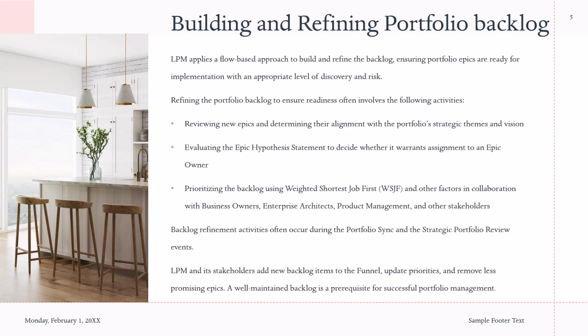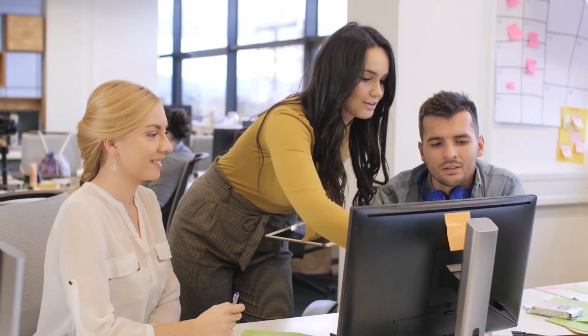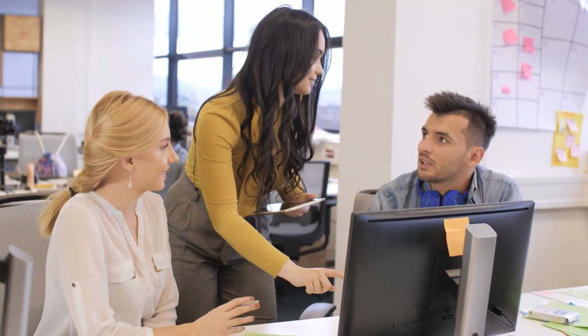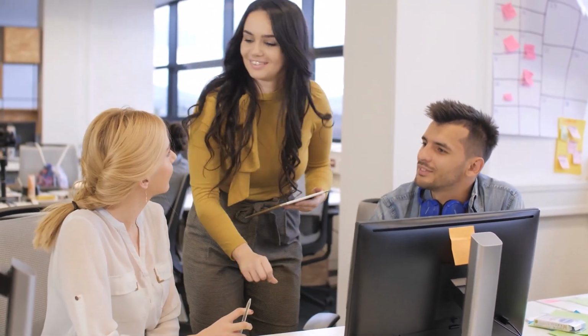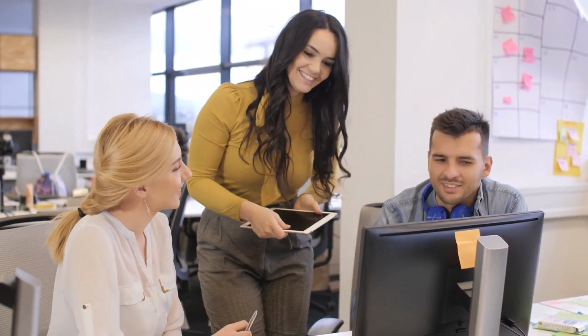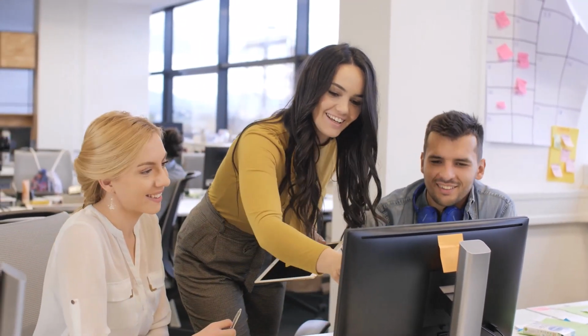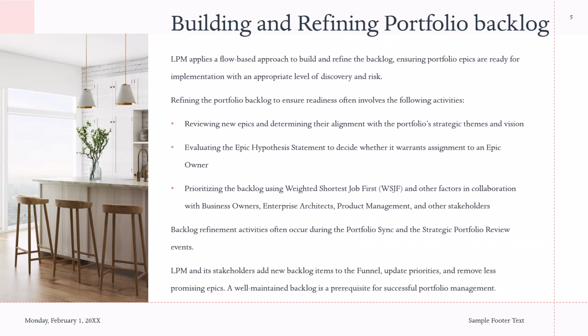So LPM and stakeholders add new backlog items to the funnel, update priorities, and remove less promising epics. A well-maintained backlog is a prerequisite of successful portfolio management. So portfolio management, especially working with the LPM, portfolio backlog and portfolio management is a very critical activity for an organization, because it can determine how successful your company will be, especially when launching products that can be successful, and especially a product that can scale to be a company.